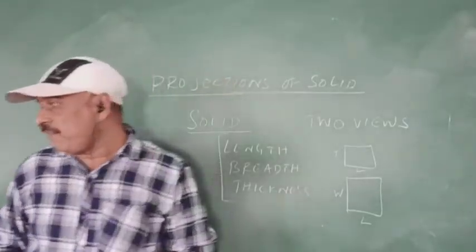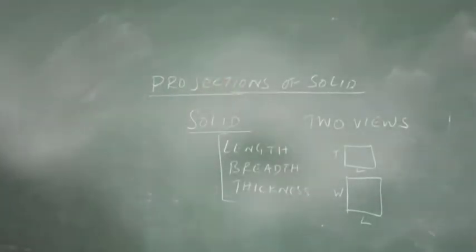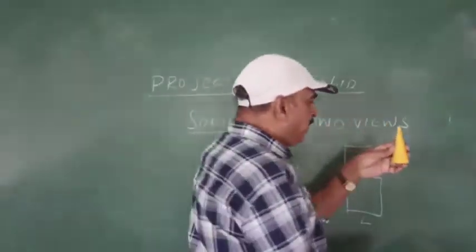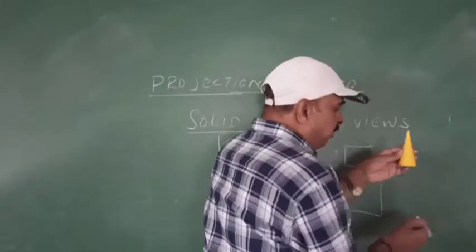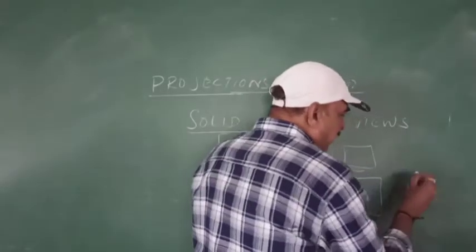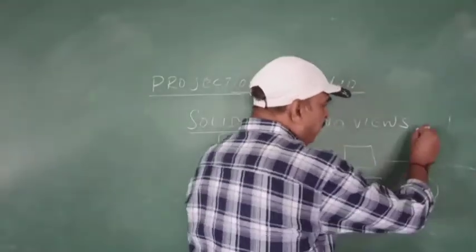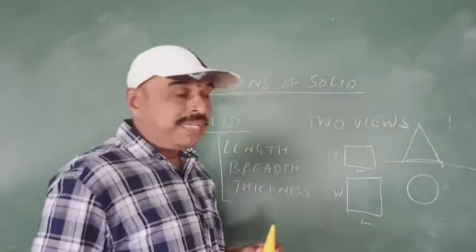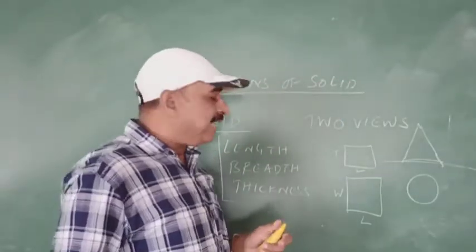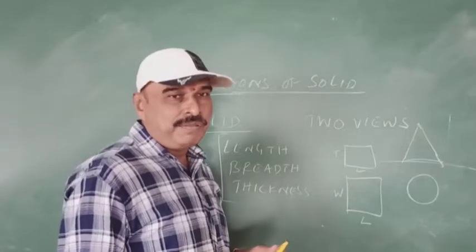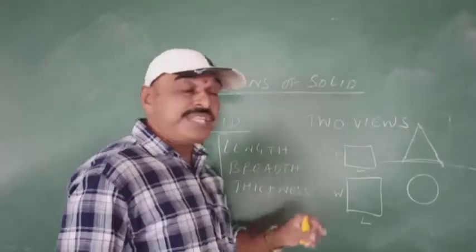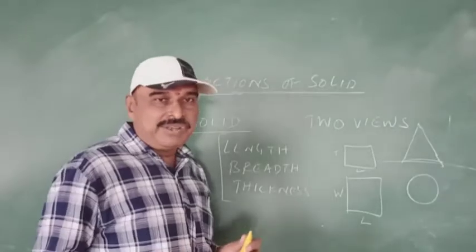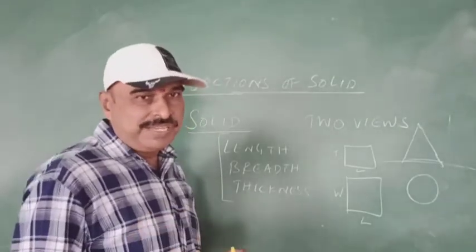For example, to represent a cylinder or a cone, two views are enough. Observed from the top, it is a circle, and from the front, it is a triangle shape. But for solids like cube, prism, and pyramid, sometimes three views are needed. Therefore, to represent any solid, minimum two views are needed.